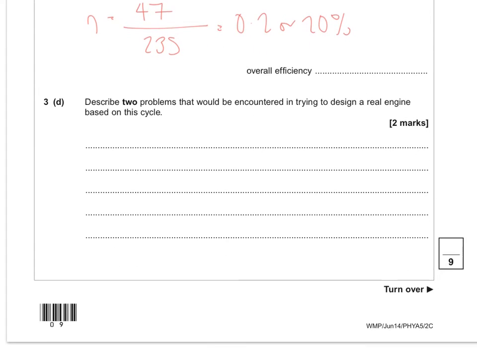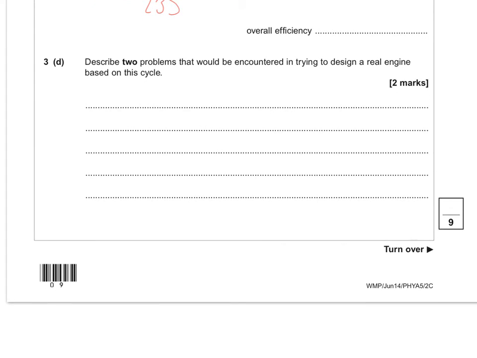Describe two problems that would be encountered in trying to design a real engine based on this cycle. So that might be handy to talk about the conditions of adiabatic and isothermal. An isothermal process must run slowly, and that's because you need to allow time for heat to be exchanged to the surroundings to maintain constant temperature.